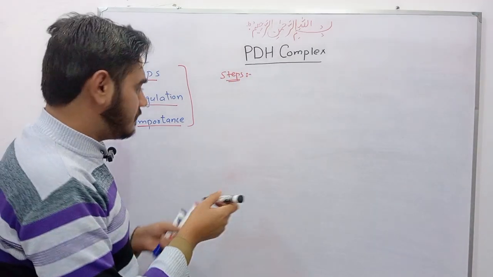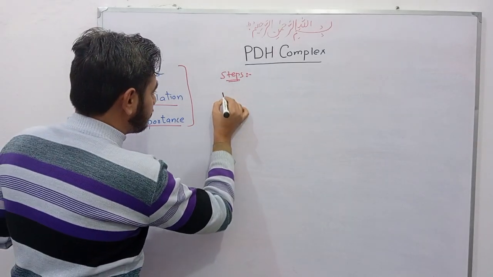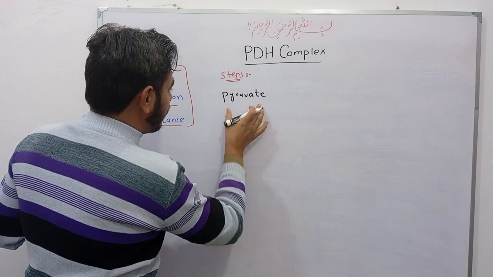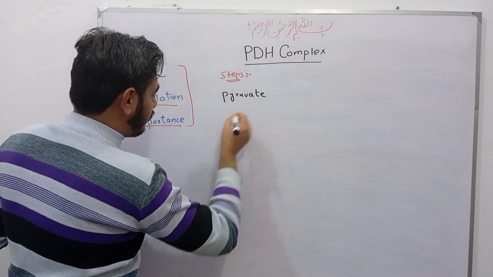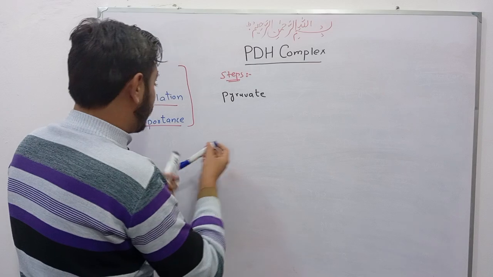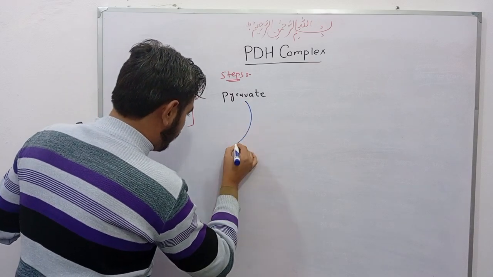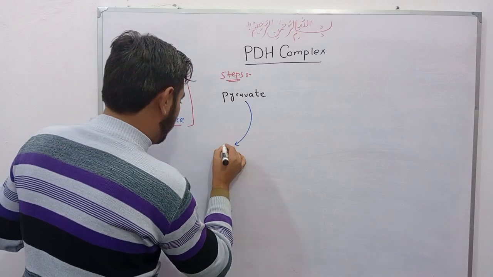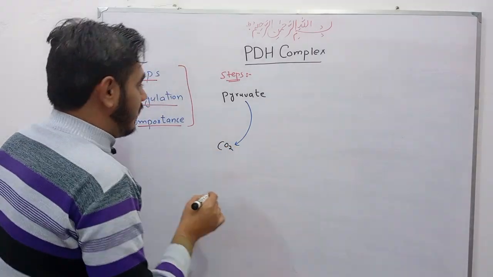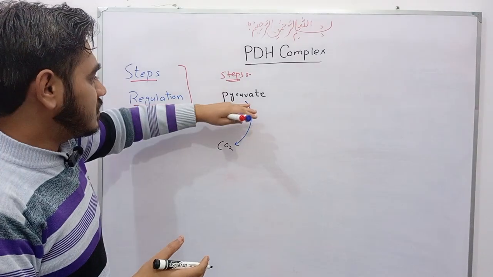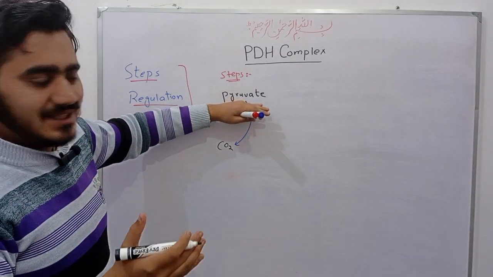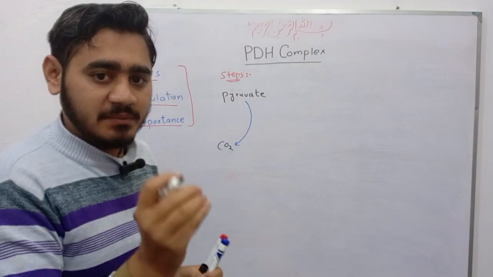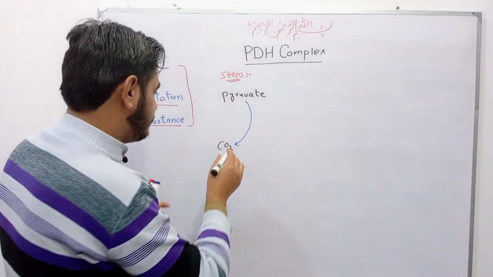Students, in the first reaction, there is a removal of carbon dioxide from this pyruvate and acceptance of the hydroxyethyl group from pyruvate by thiamine pyrophosphate.